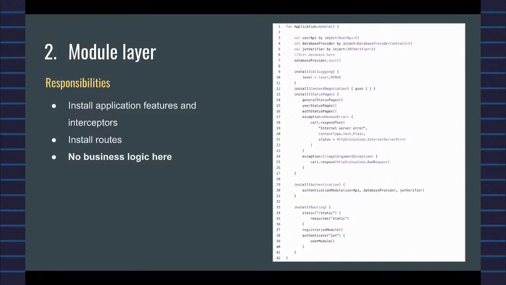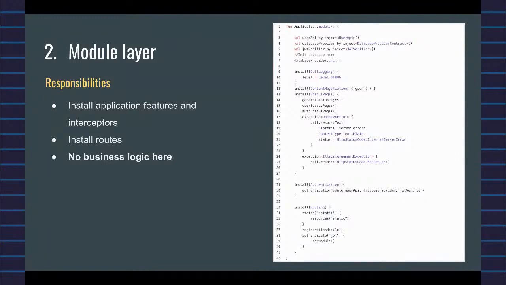The business logic is going to be placed in the controller. If you look at the bottom, the routing is being defined here, but we are calling the different modules, the CVP modules that we are going to see after this slide. Something like a registration module, or an authentication user module inside the authenticated path.